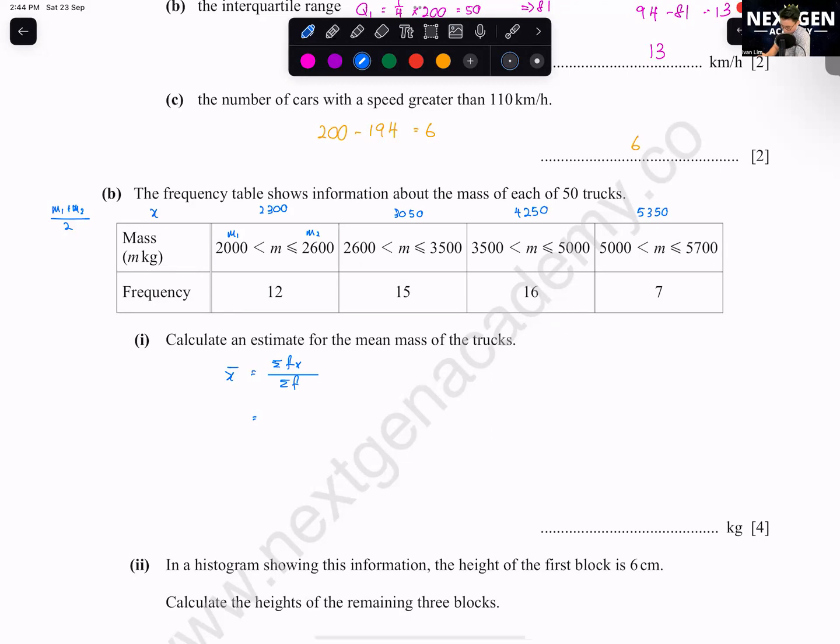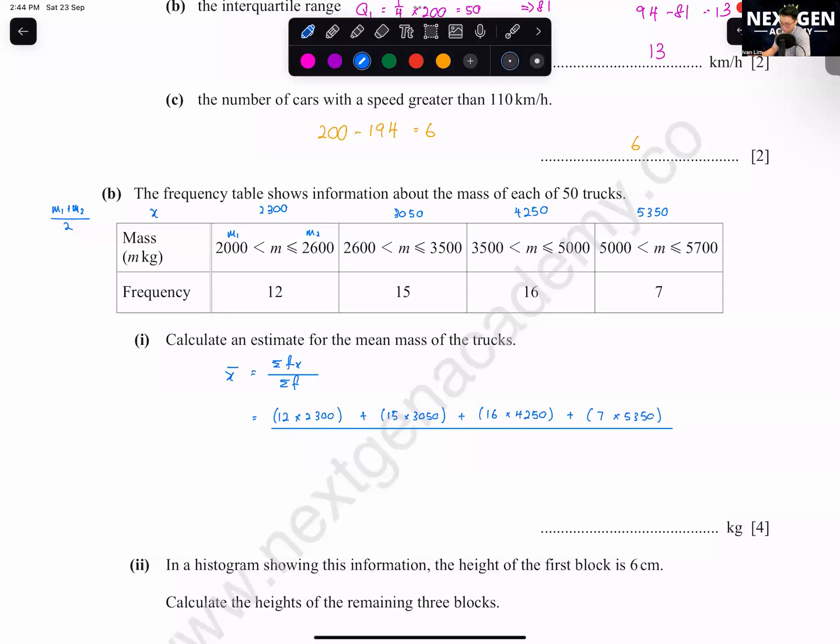Okay, you're going to take 12 times 2,300 plus 15 times 3050 plus 16 times 4250 plus 7 times 5350.